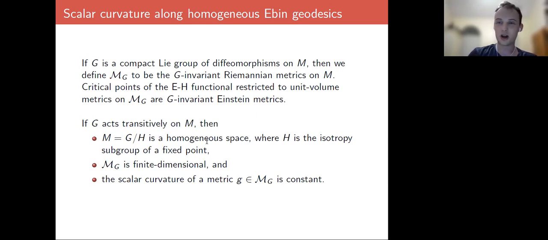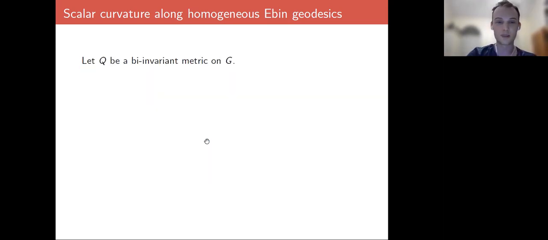So that means that if we restrict to volume 1, the Einstein-Hilbert functional is the same as the scalar curvature functional, which can now be interpreted as the functional because it's constant. So the scalar curvature goes from the finite dimensional set of G-invariant Riemannian metrics into R, and we can try and find critical points.